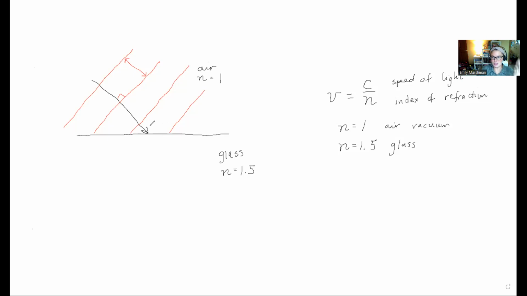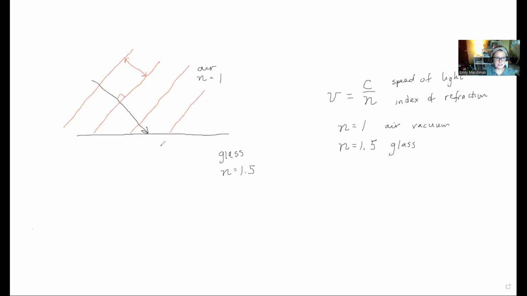Light waves are being generated by electrons in the sun or wherever, and they're oscillating at a given frequency. I'm not changing anything about the frequency here. All it is doing is going from one medium to the next. So I'm not changing the source of this light wave. I'm not changing its frequency. So the frequency remains the same, but the velocity of the wave changes and the wavelength of the wave changes.